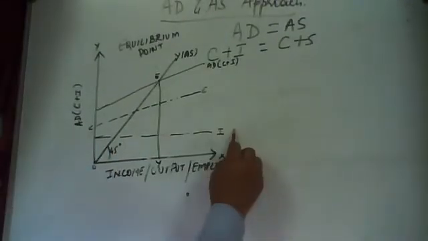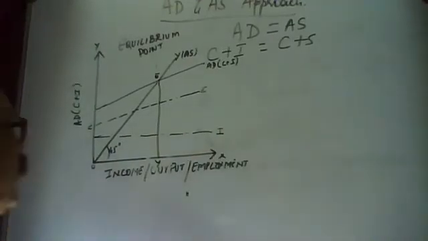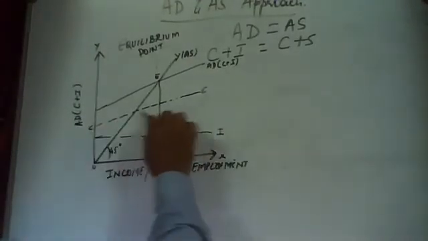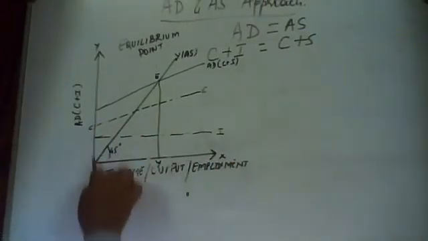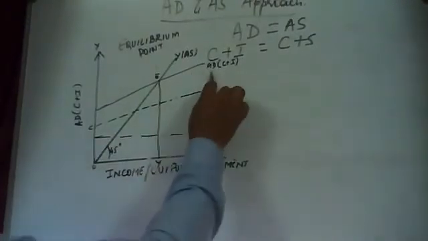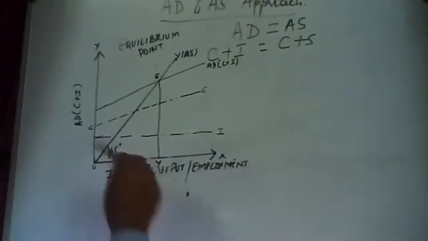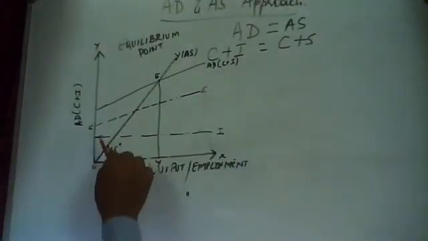This is the investment line. This is the consumption line. The consumption line begins from above the origin because of the autonomous consumption. And AD, that is aggregate demand, is the sum of C plus I.